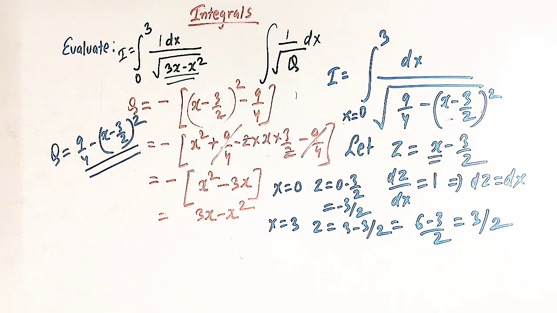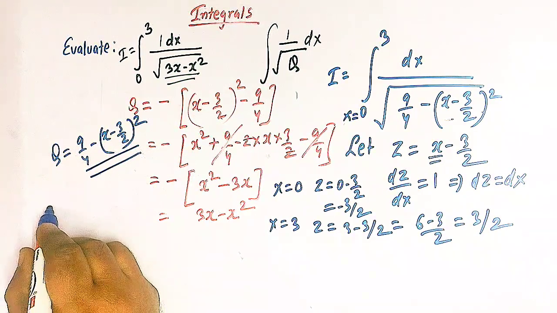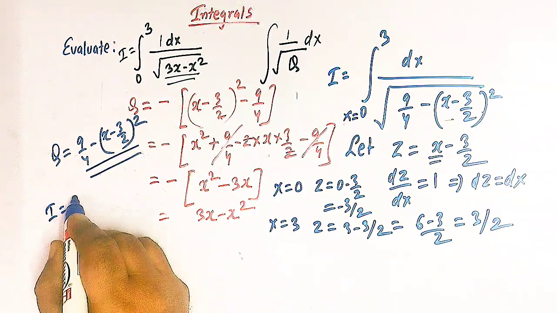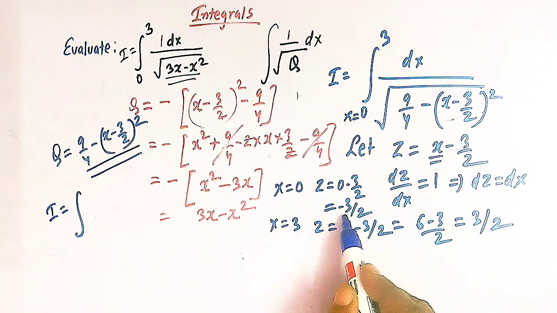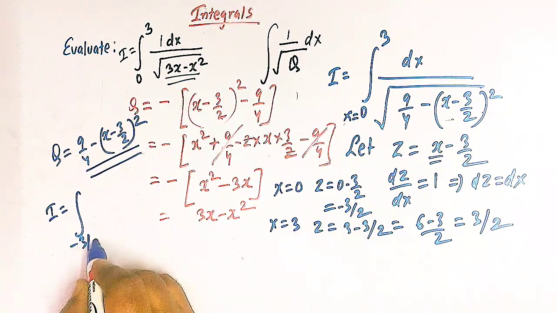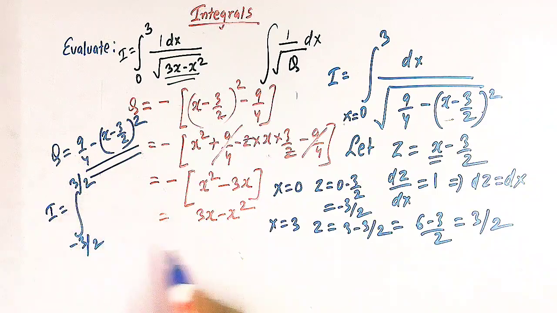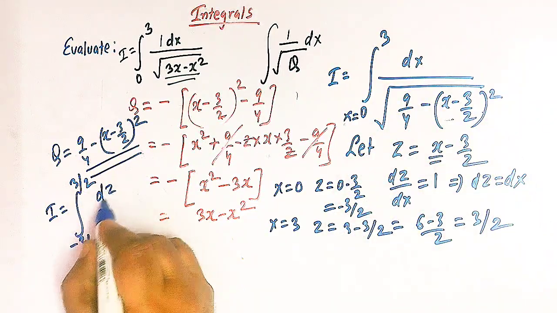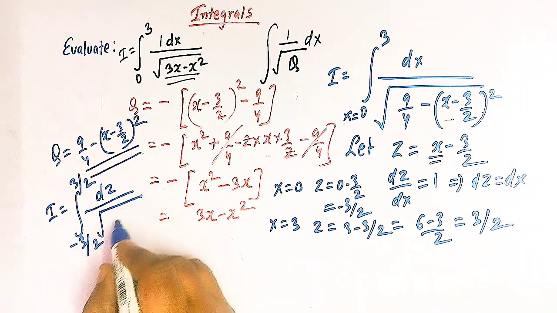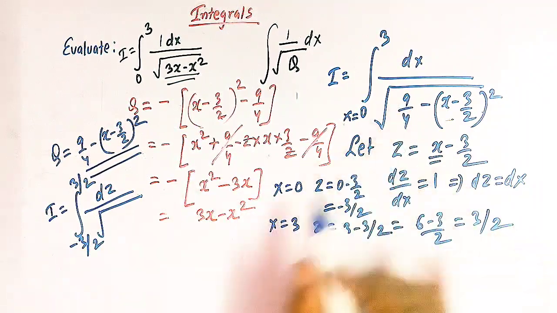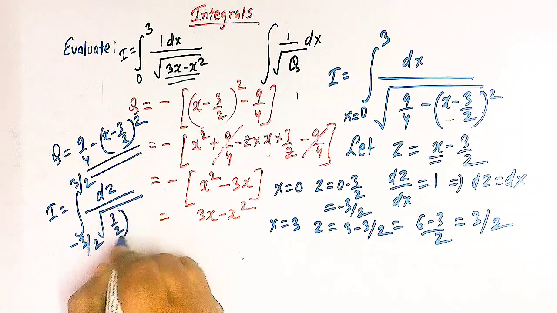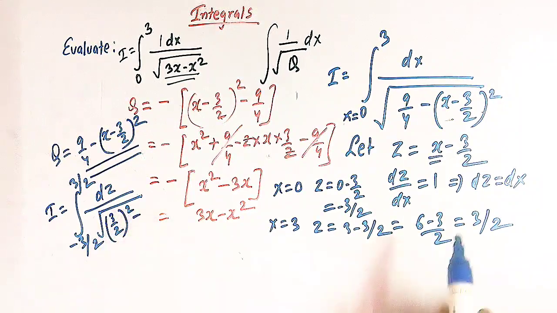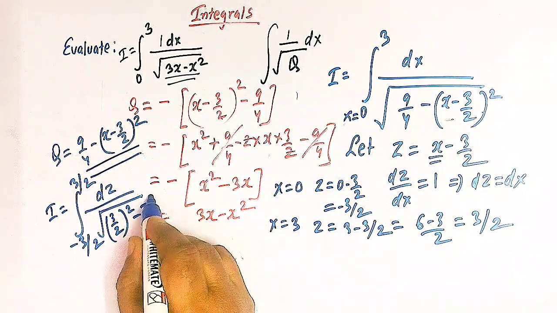So now the integral I can be written with limits from minus 3 by 2 to 3 by 2. For dx we can write dz, and in the denominator we have square root of 9 by 4, which can be written as 3 by 2 square, minus z square.